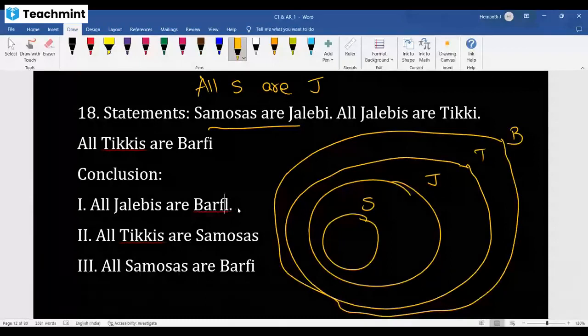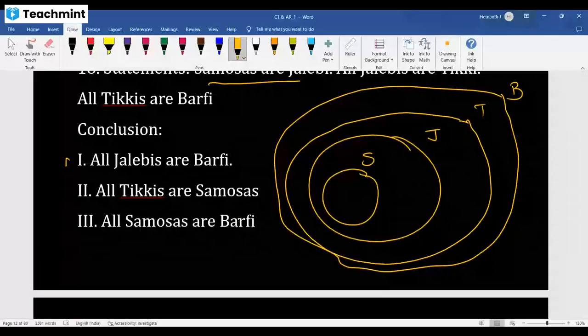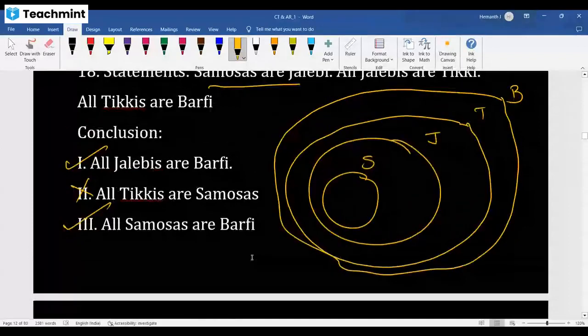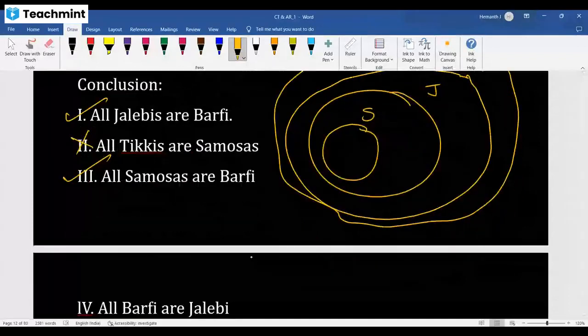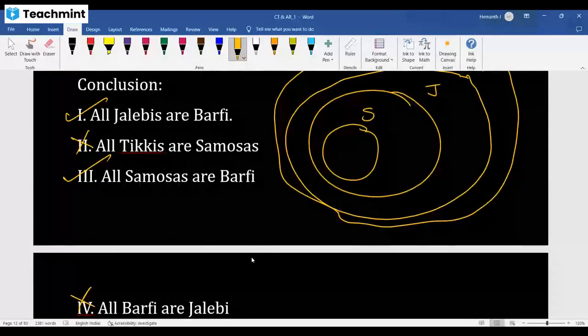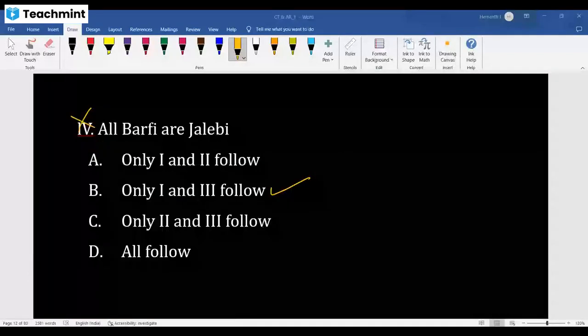Definitely. All tikkis are samosas? No. All samosas are barfis? Correct. Next one, all barfi are jalebi? Wrong. Only 1 and 3 follows is your correct answer. Excellent. Many people mentioned 1 and 3 follows. Good. See the next one.